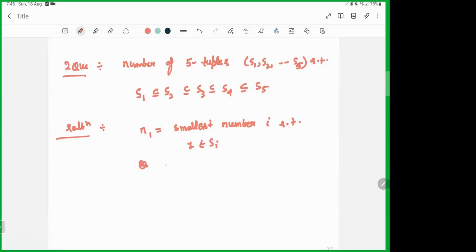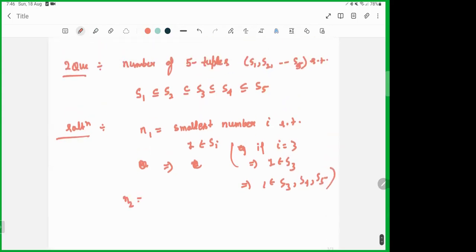So if 1 belongs to Si, say i is equal to 3, that means 1 belongs to S3, which implies 1 also belongs to S4 and S5, right?